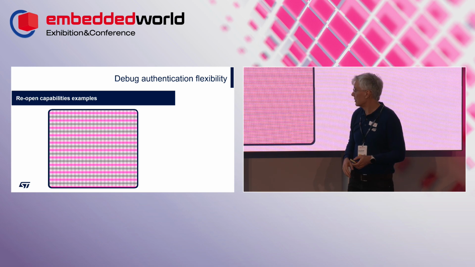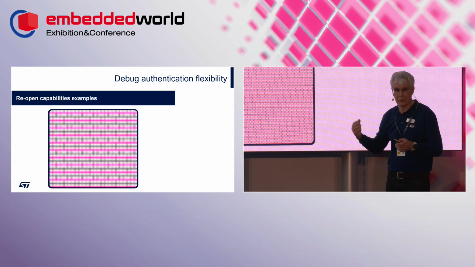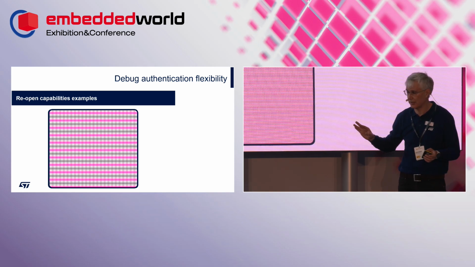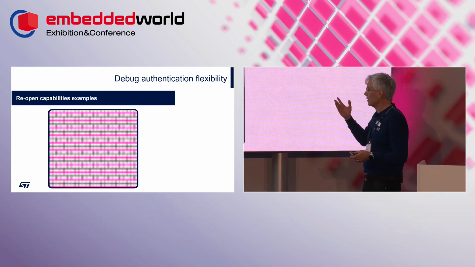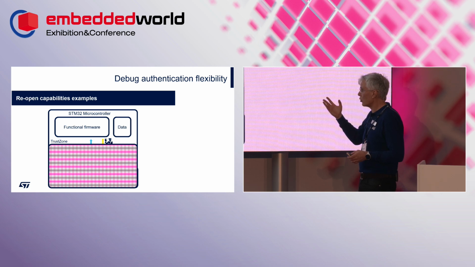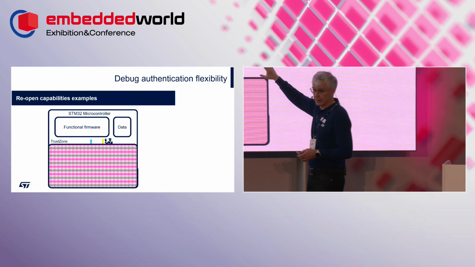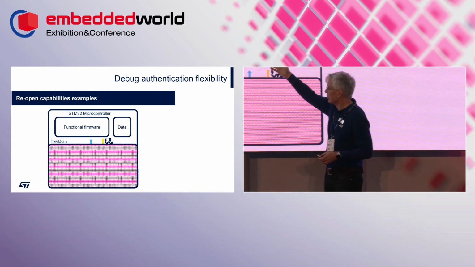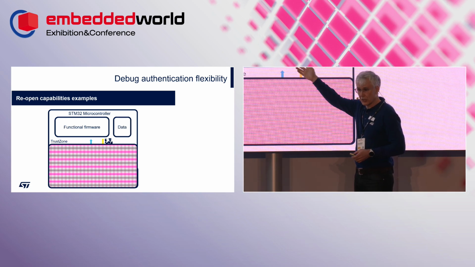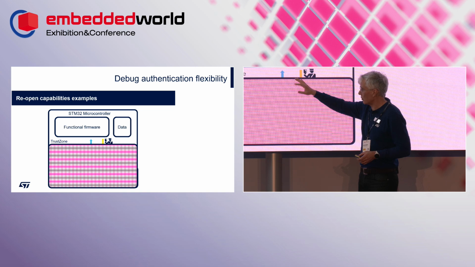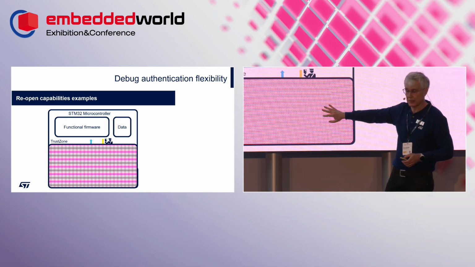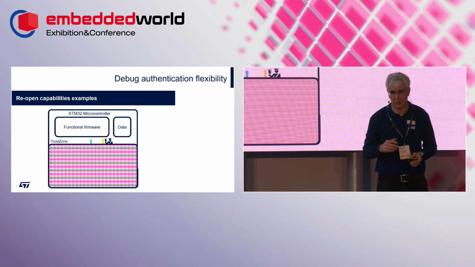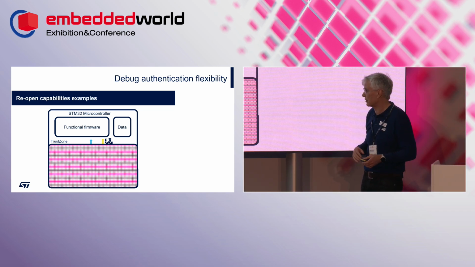So now, this is on the field, and you take it back from the field. It is closed, so you cannot access anything. And then you can reopen only this part. If you know that there is an issue in the functional firmware, you can debug what is in this functional firmware without touching anything and having access to any part inside the secure application, and neither in the secure boot.